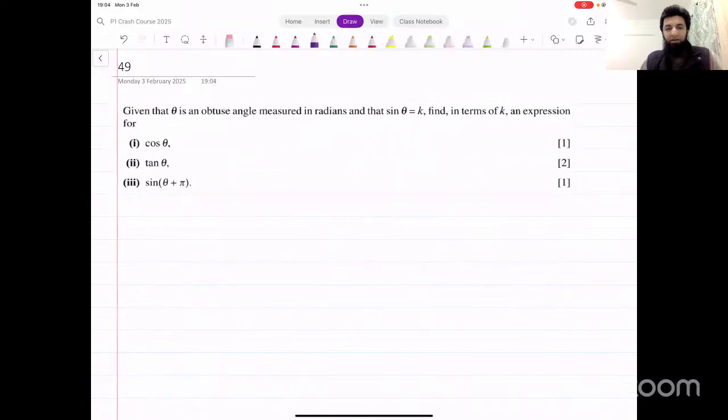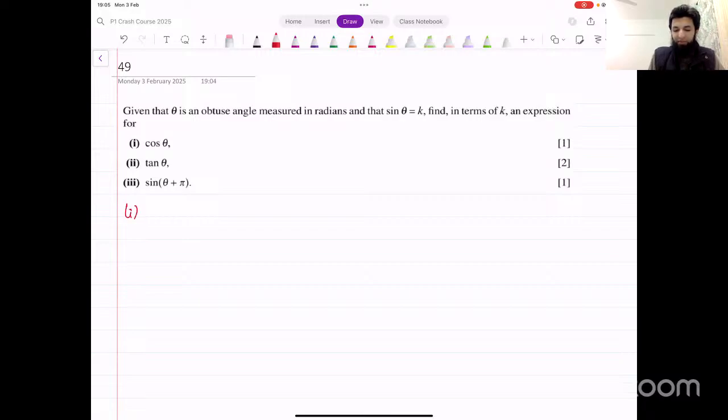You have identity for 180 minus theta, just like we did a few for 90 minus theta. You can have them for 180 minus theta, 180 plus theta, 360 minus theta, and then the same identities in terms of radians. You'll have to remember all of them, and then you can use those identities for this 1 mark quiz. Or the alternative is to use that triangle method that we just discussed. So that's why I would recommend that you just use the triangle method.